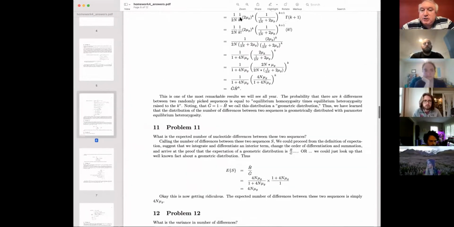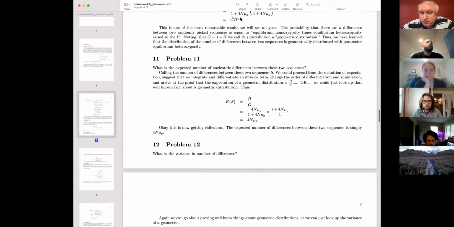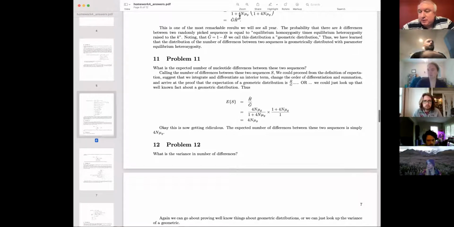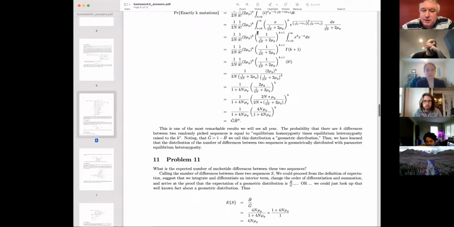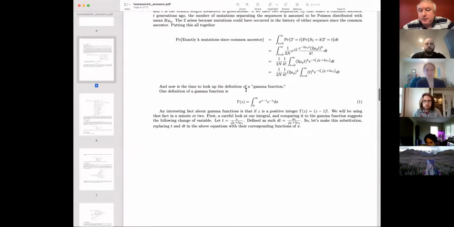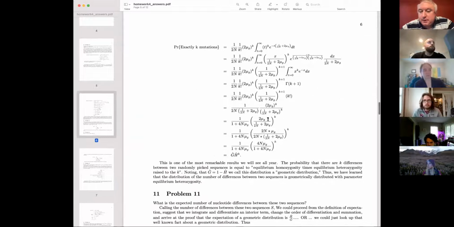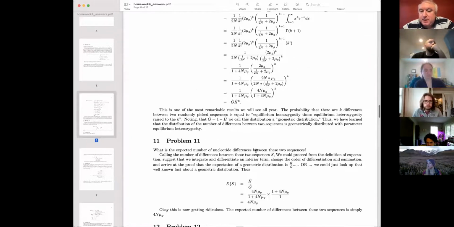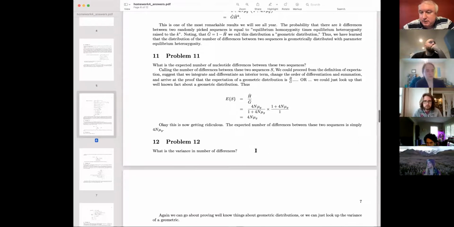It's an astonishingly simple result. 1 over 1 plus theta times theta over 1 plus theta raised to the k shall be your answer if you did the transformation of variables correct, you found the gamma function correctly, and you were able to do a little bit of algebra correctly.